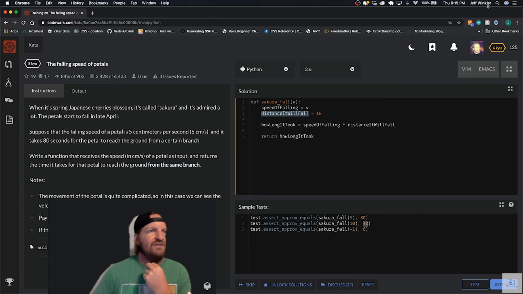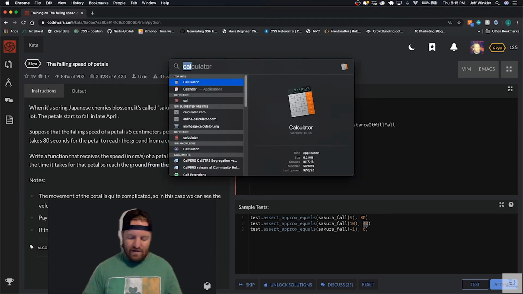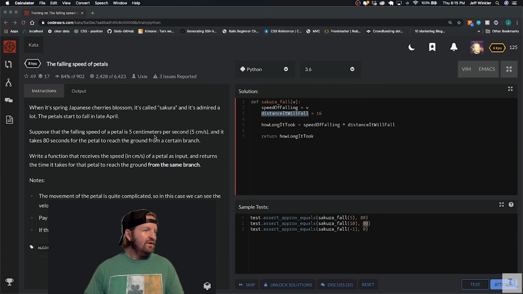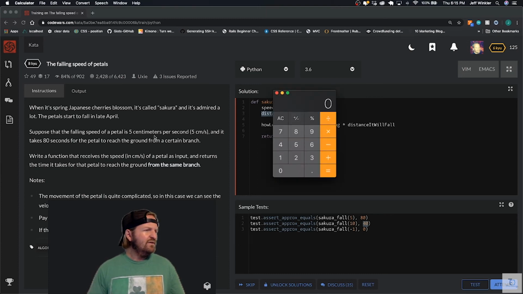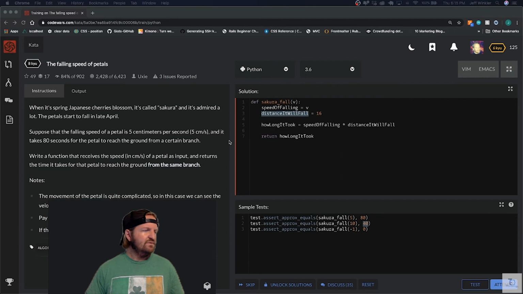Oh my gosh, I'm so dumb. Wait, if it's falling 5 centimeters per second and it's falling for 80 seconds, then it's 400, not 16.